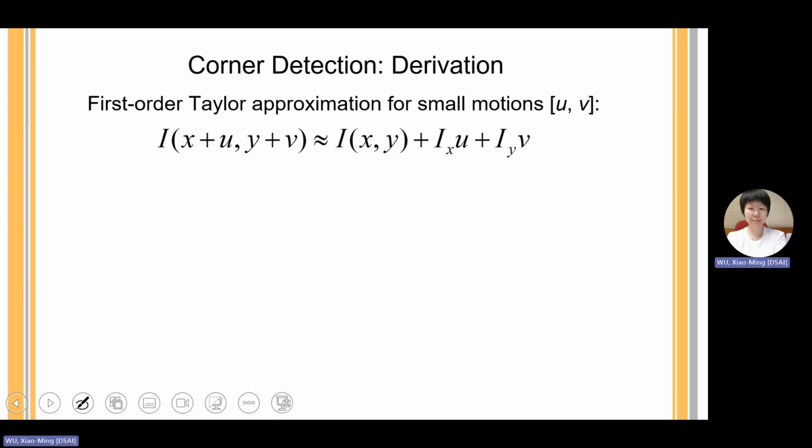That's how we derive the changes. We use first order Taylor approximation.